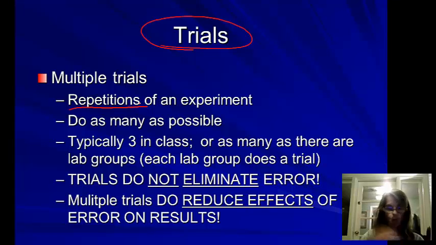If we had one run where the plants just all died because you forgot to water them for a week, and that was your only trial, all your plants are dead, you have no data. But if that's one trial out of 10, then we can reduce the effects of that one bad trial because we have 9 others to look at. So trials reduce the effects of error on your results.